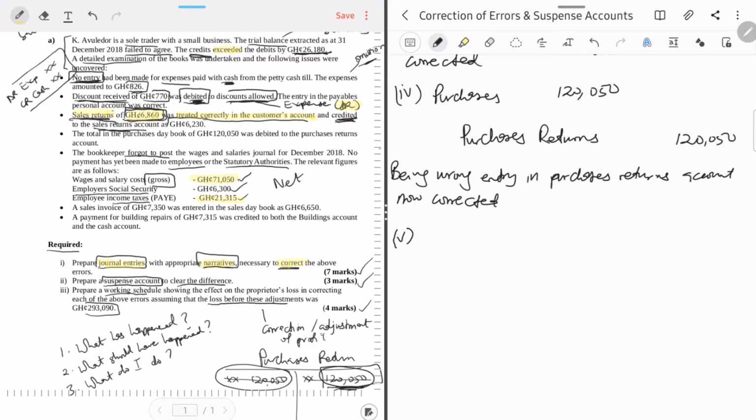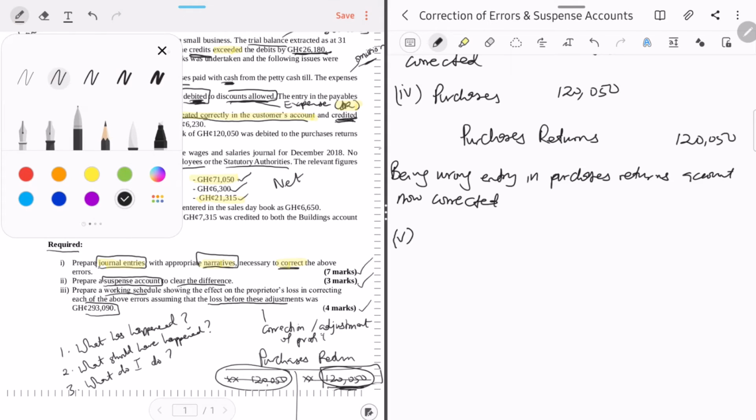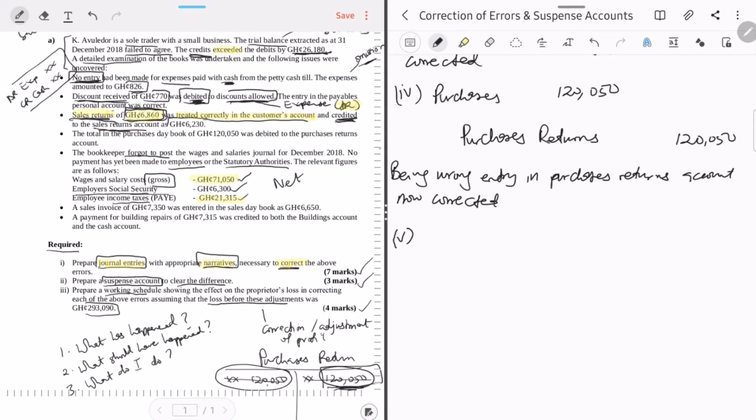That's all. Remember, don't be tempted to deduct this social security, because they said it's employer's, not employee's. So this is the employer's cost. If they said employees, then you would have deducted from the employee salary, but this is the employer's cost. So what you have as net is 71,050 minus 21,315. The difference will be the net salary the employee gets.